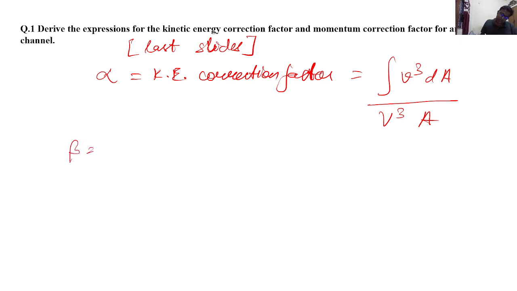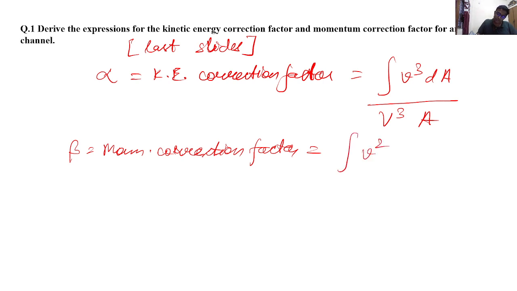Similarly, beta, the momentum correction factor, whose derivation I just showed in the last few slides, would be nothing but integral of the actual velocity, that is small v square dA, by V square A.